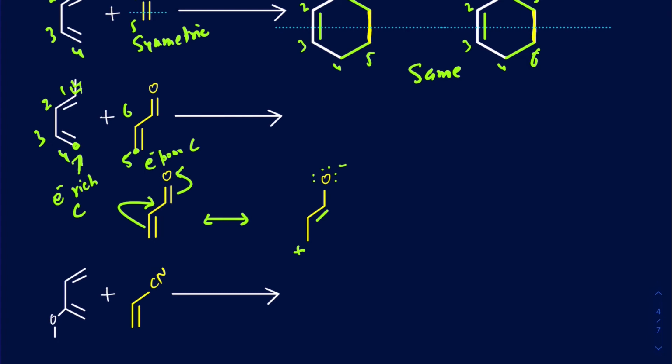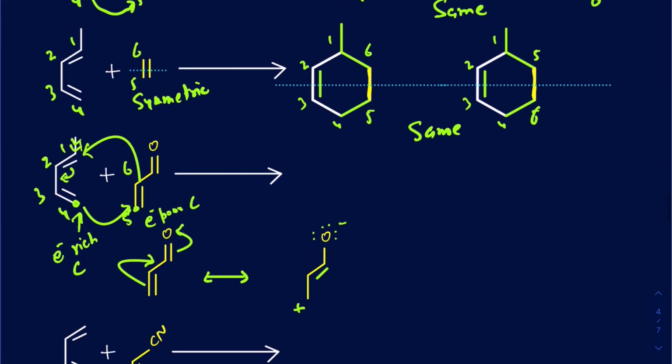So in this particular case, I cannot have any other initiation but 4 attacking the 5, or 4 connecting with the 5. And then after that, I can have this 6 attacking carbon 1, and then I can move this bond right here. So let me go ahead and copy this down here.